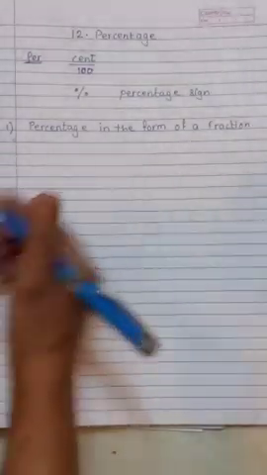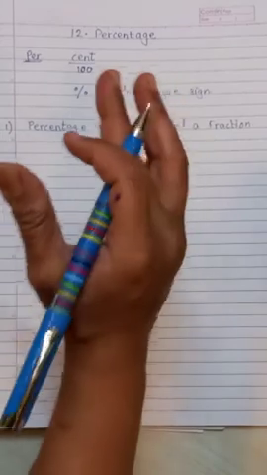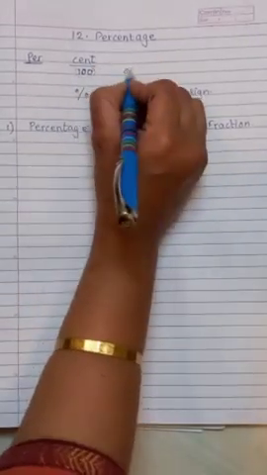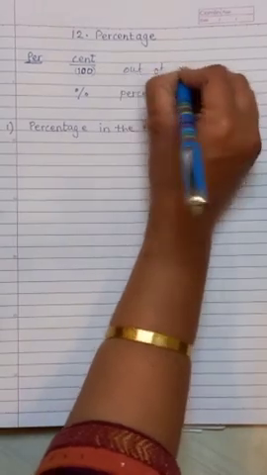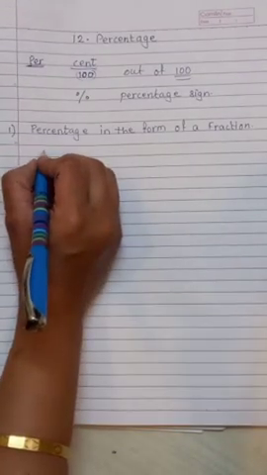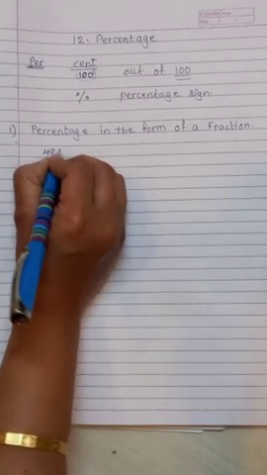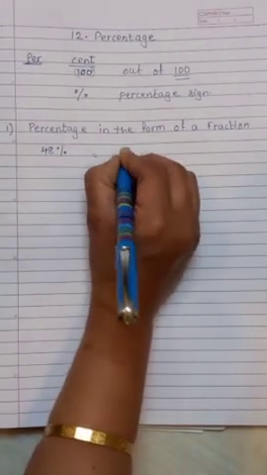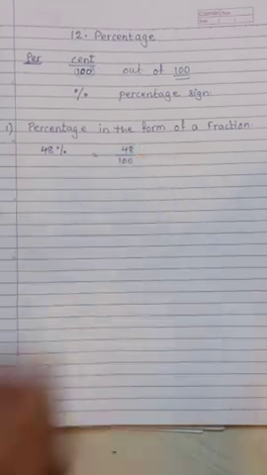So how? As I told you, percentage means out of 100, correct? Suppose I had written 48%. What does 48% mean? Out of 100, 48, correct?